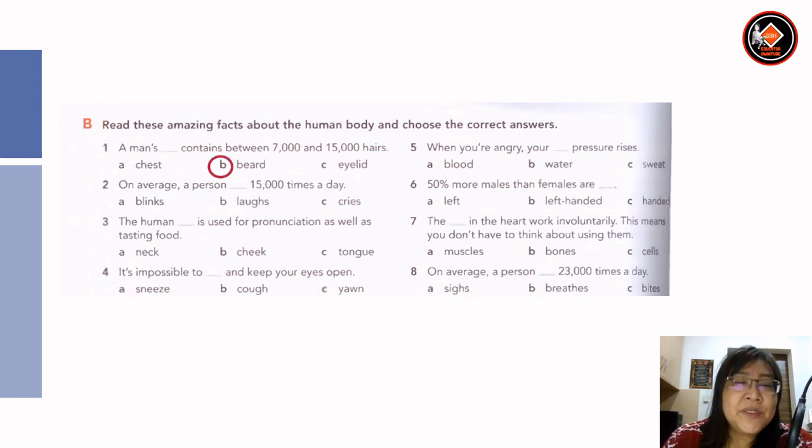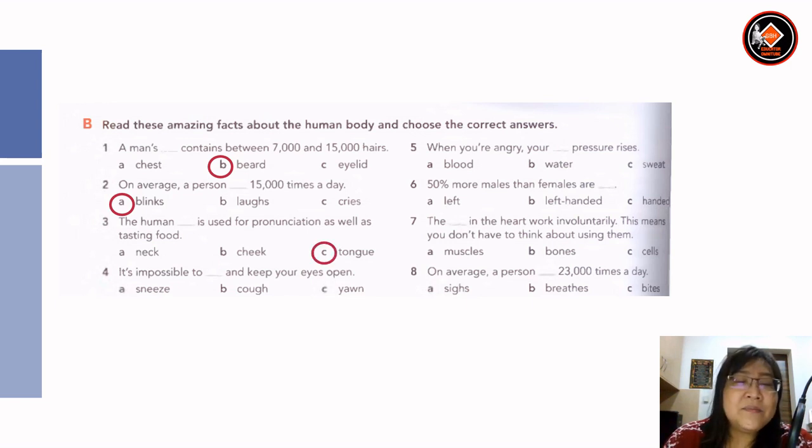Number 2, on average, a person blinks, laughs or cries 15,000 times a day. So answer is blinks. Number 3, the human neck, cheek or tongue is used for pronunciation as well as tasting food. So the answer is definitely tongue.